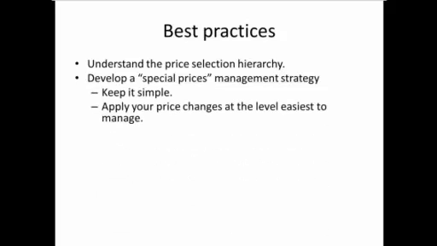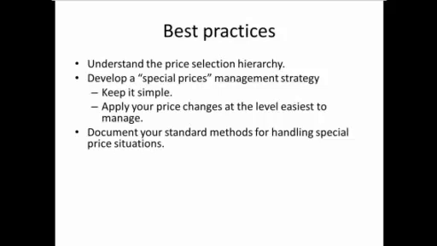Keep it simple. Apply your price changes at the level easiest to manage. So make sure you're not setting a price that applies to most companies, but for this one company, you have to do a special thing like that. It gets a little complicated, but up to you how you want to manage those things.